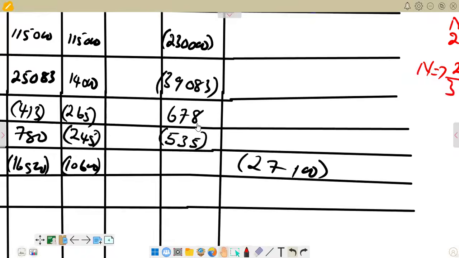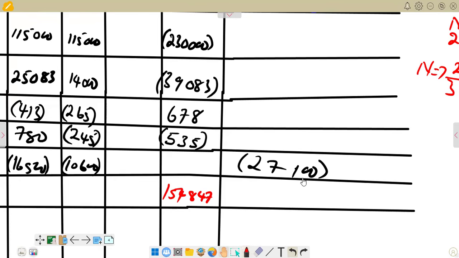Then the net balance that you get there is 154,847. So this is the balance that we are going to share using this ratio that we have just calculated.